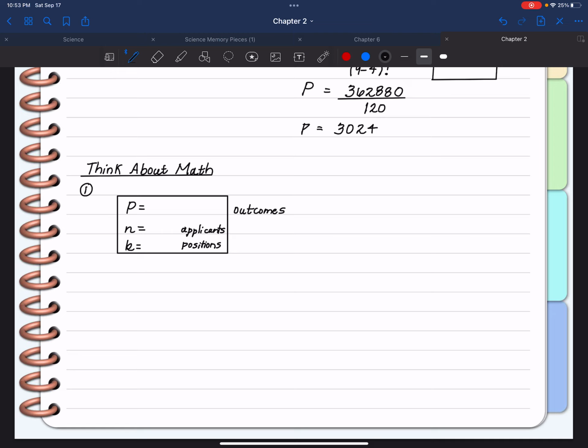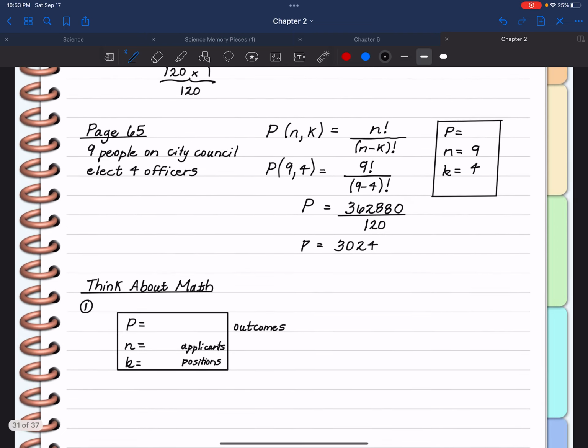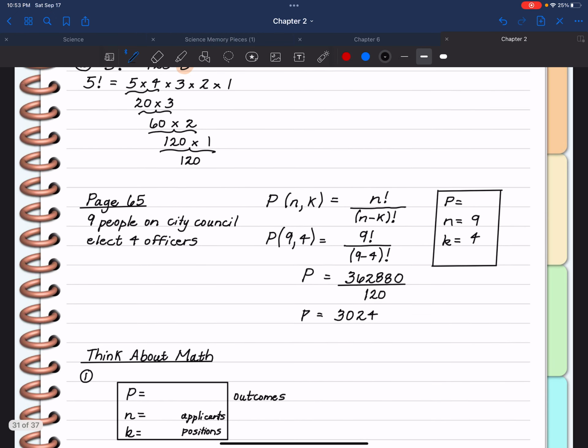And let's go back up here just a second to this city council one. And that was also the case. N was the number of members. K was the number of positions.